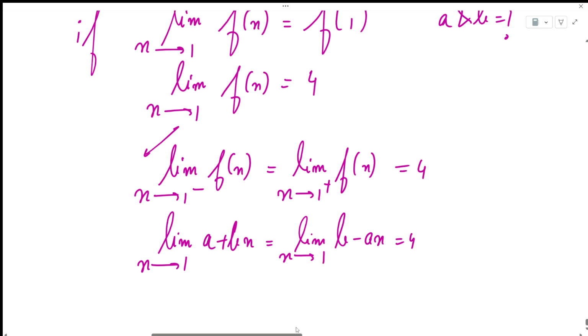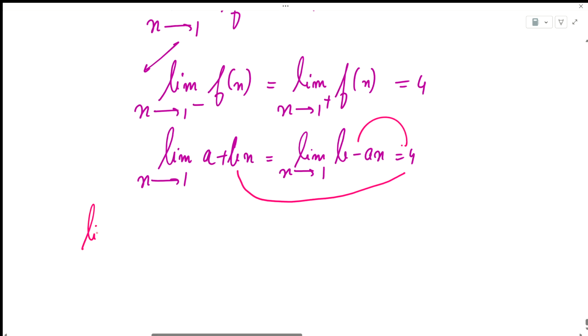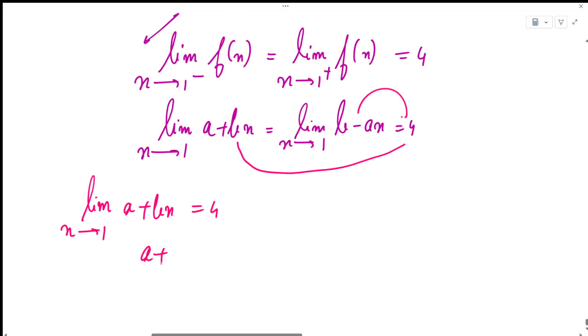So now what I'm gonna do is equalize the first limit with this one and then this one with that one. So limit x tends to 1, a plus bx is equal to 4. This will give me a plus b equal to 4, and then limit x tends to 1, b minus ax equal to 4.